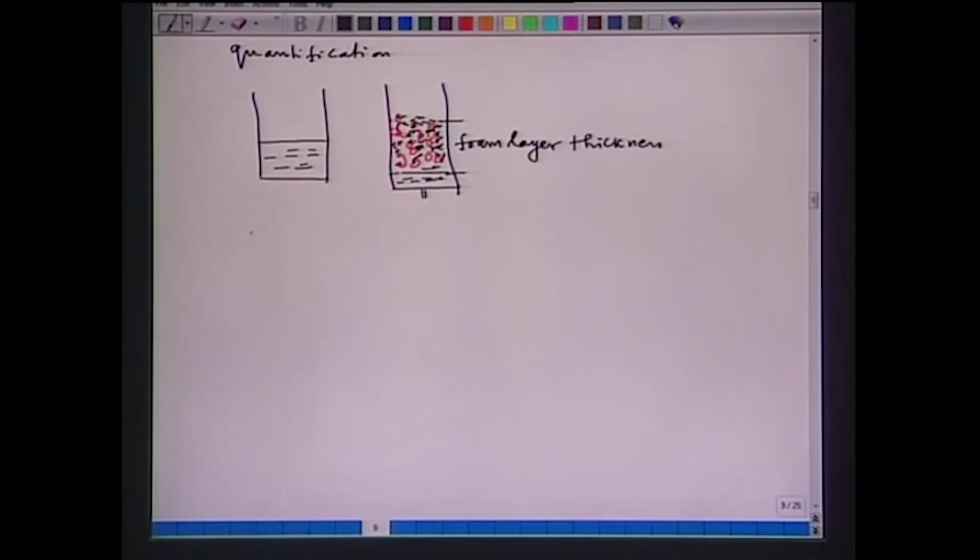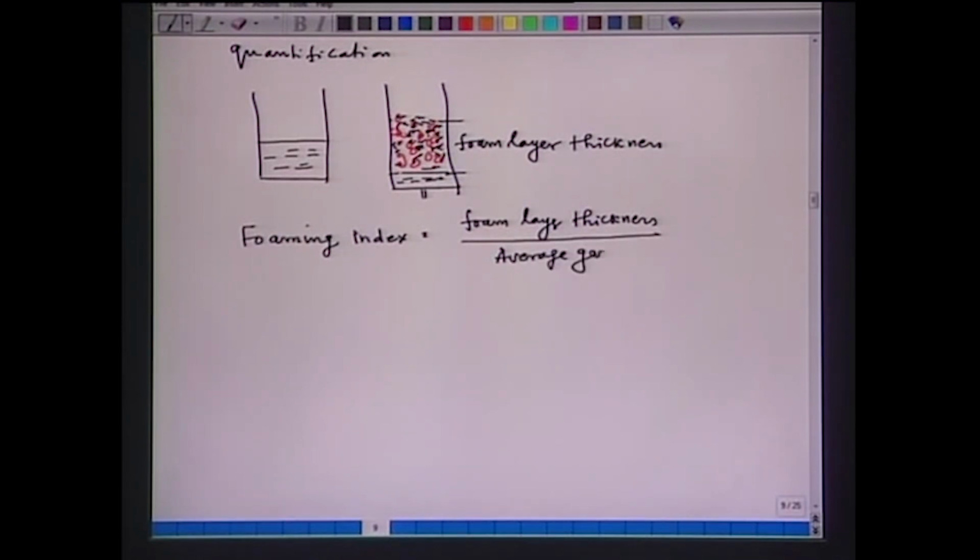So, now we can define foaming index. For example, foaming index is equal to foam layer thickness upon average gas velocity.